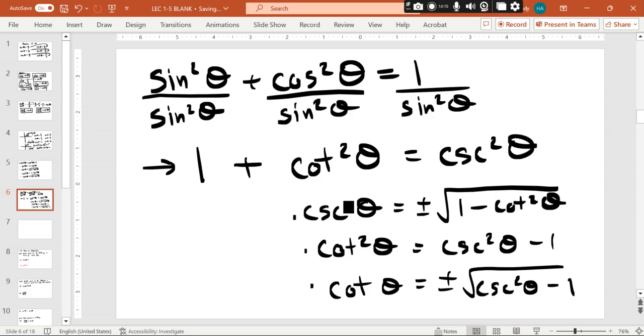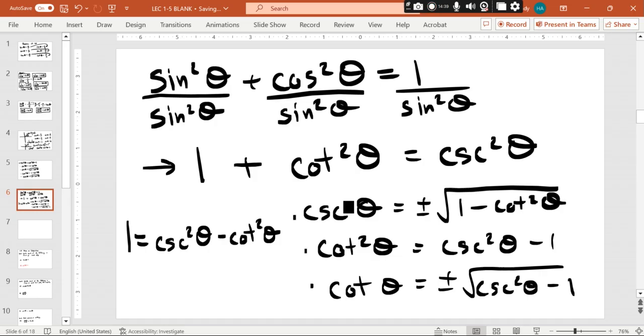Yeah, how about if I move the cotangent squared theta over to this side? So here's my fourth one. I'm running out of room, so I'm going to have to leave it like this. Here's my fourth variation. So I have 4 variations of the same one.